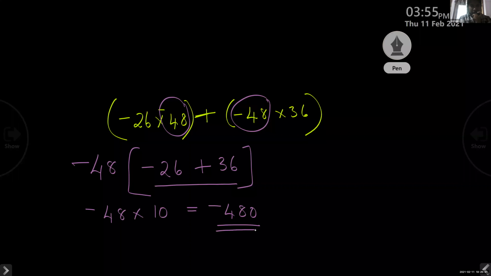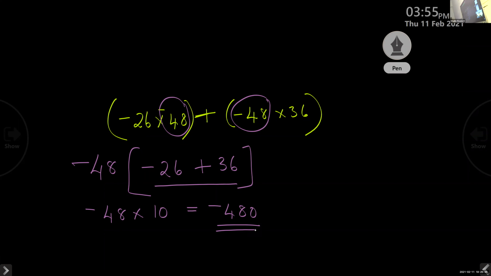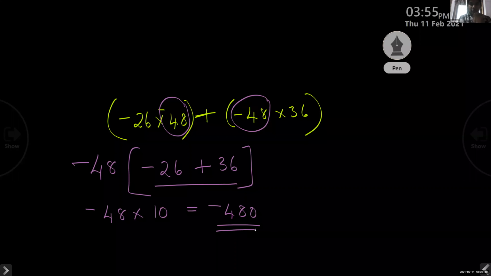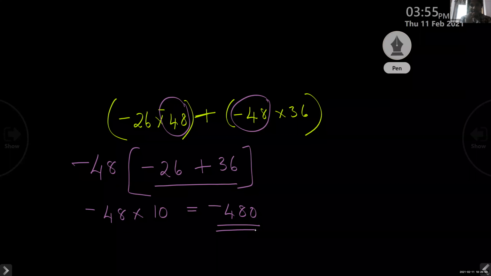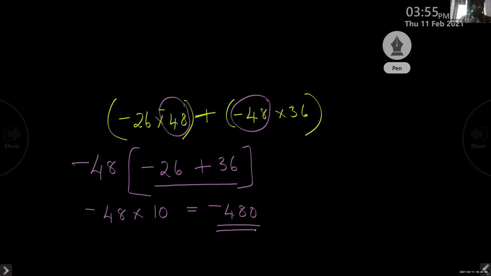The bracket, I'm asking, what is the answer? 48 is common. The answer is negative 480. Okay, we'll pass on to the next question.